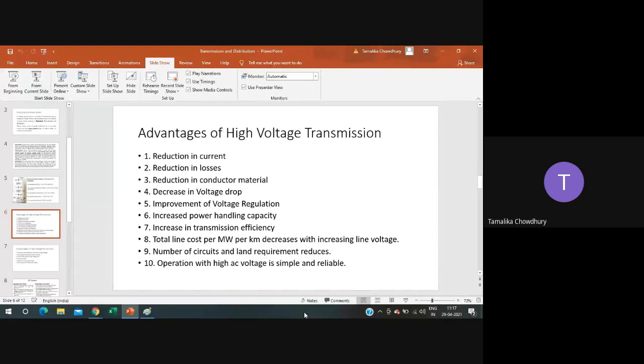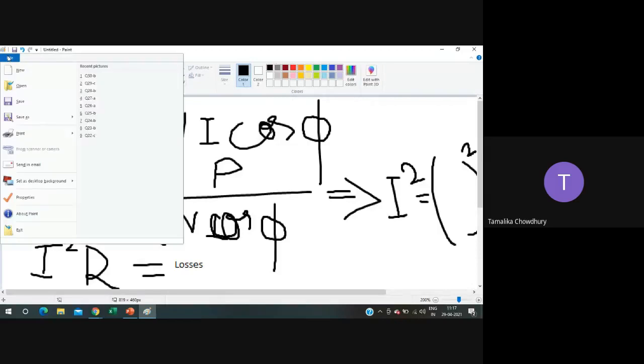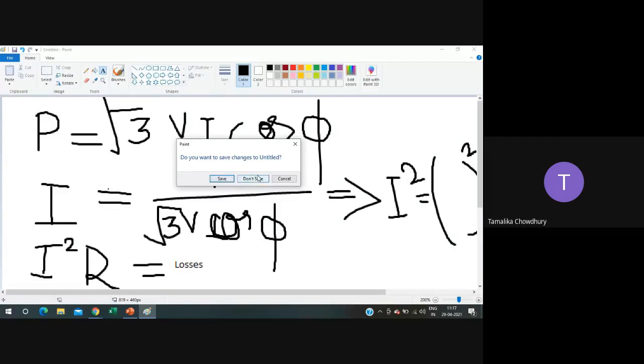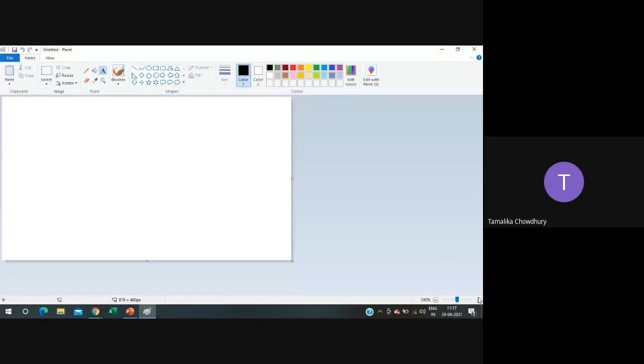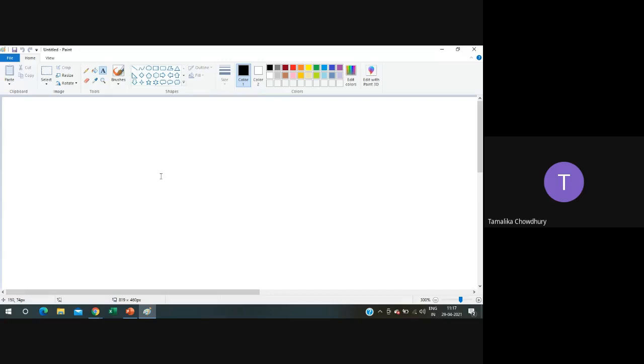Can you tell me the formula of volume? How do we measure the volume of anything? I'm not asking about any shape, a cylinder or sphere.